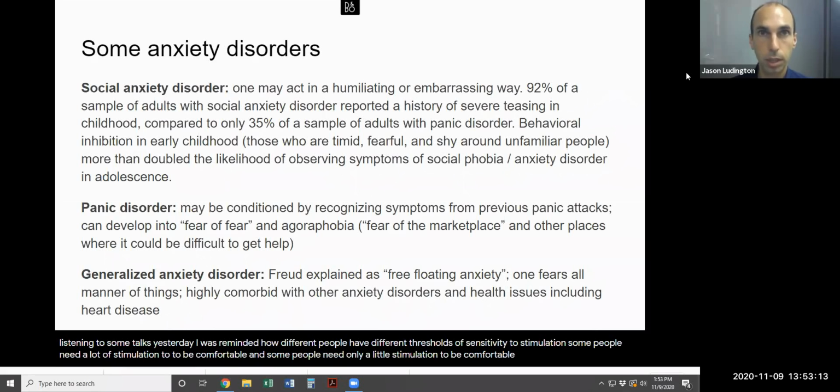So the people that need a little bit tend to be introverted and tend to be quiet and seek calm, quiet places. Whereas those who are more extroverted and need more stimulation tend to hang out with friends and go to concerts and be surrounded with loud noises and music and stimulation, because that's what makes them feel comfortable. They have a different ideal threshold or ideal range of stimulation that they seek.